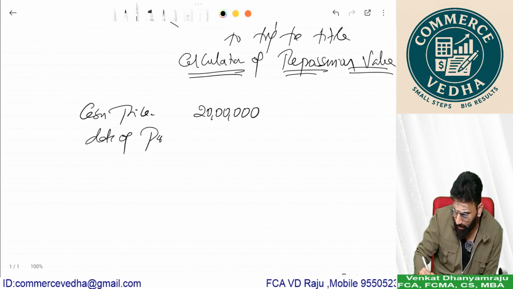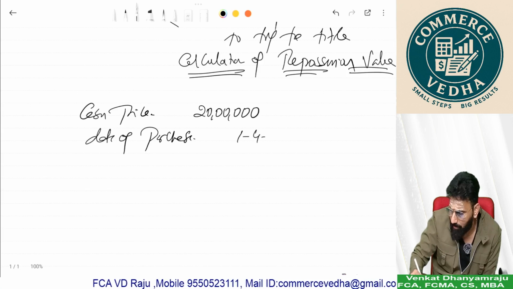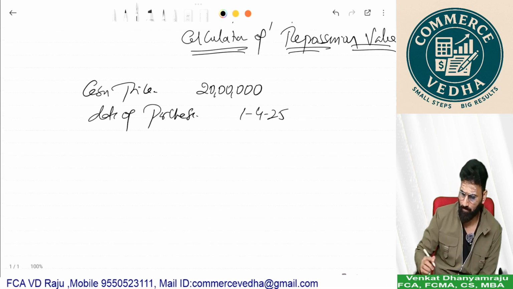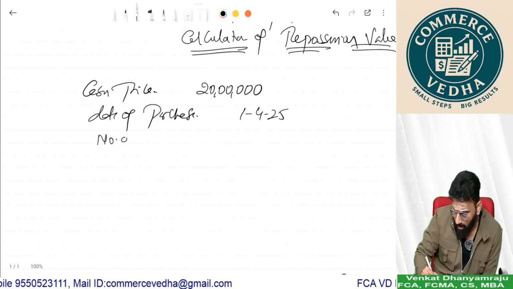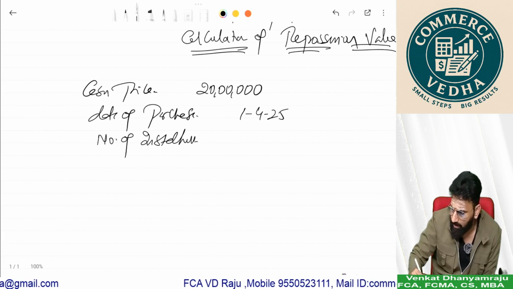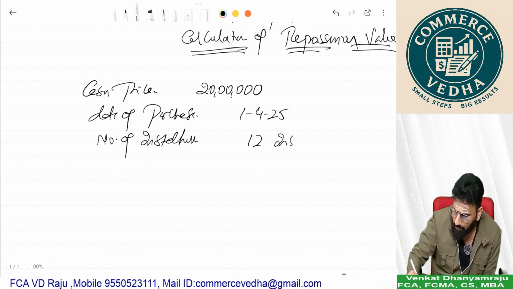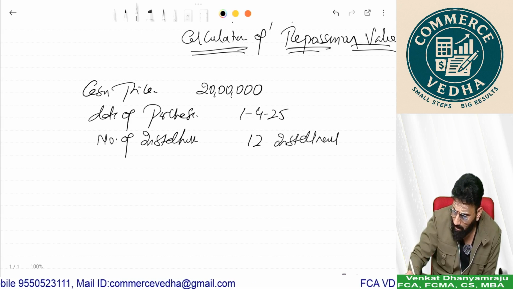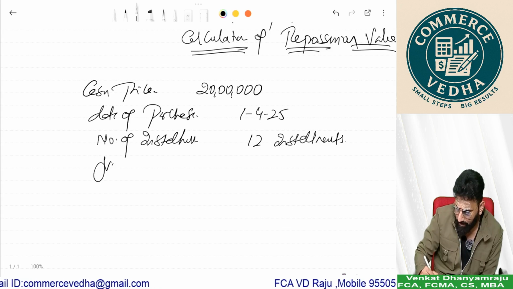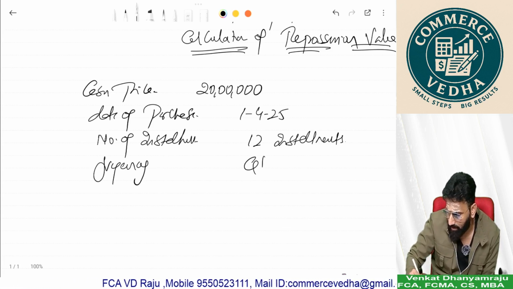Date of purchase, take it as 1st April 25, right? Number of installments, say I can say 12 installments. Frequency, say quarterly.